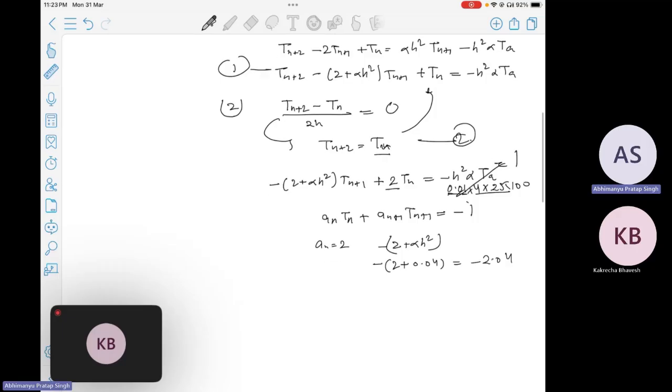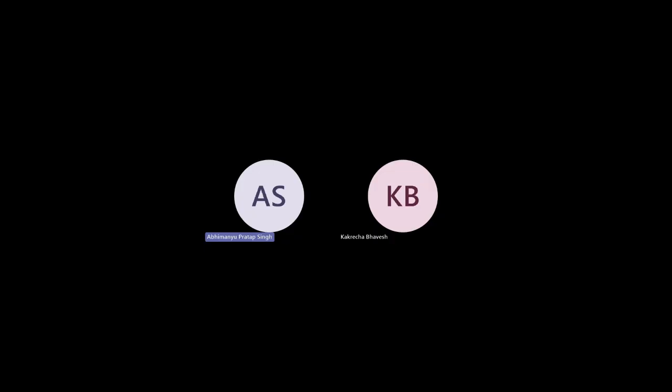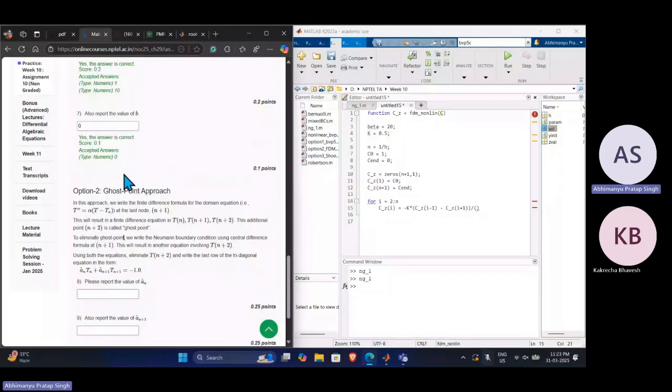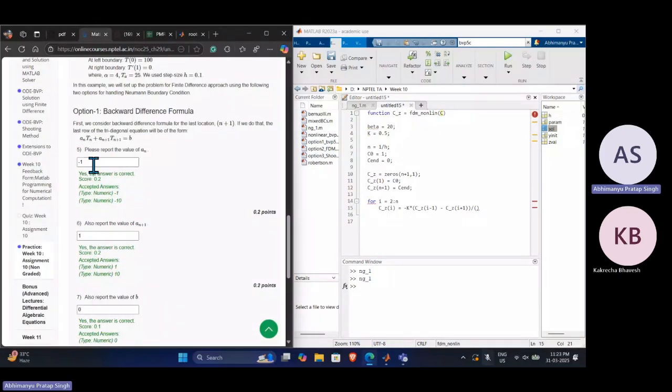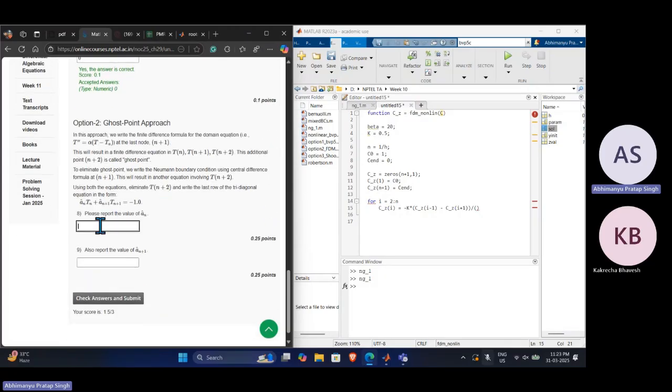Yeah, I will share this. So for the first part, the answers were minus 1, 1, and 0. And for this one, the value of An we got is 2, and the value of An plus 1 we got is minus 2.04.